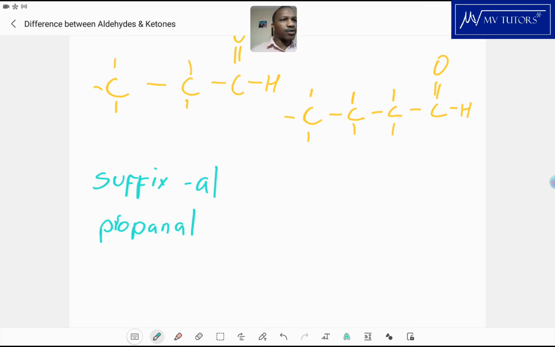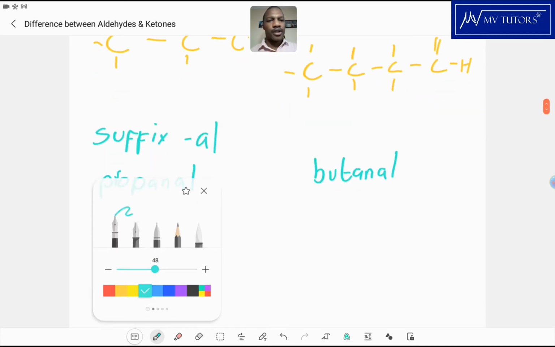This one is 1, 2, 3, 4, 4 carbons, that's a butane, and then butanal.